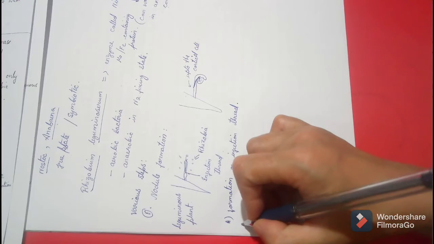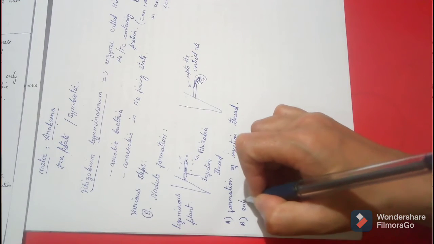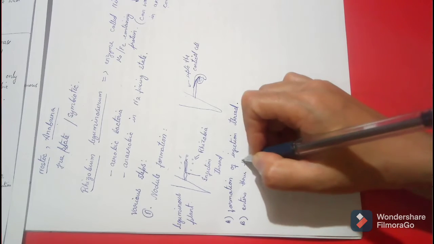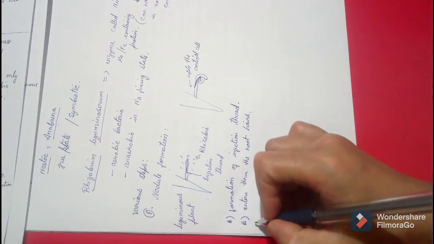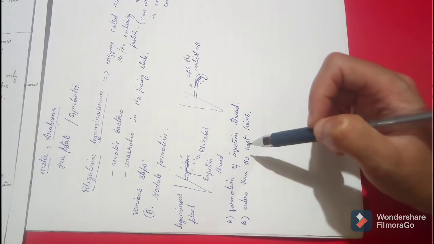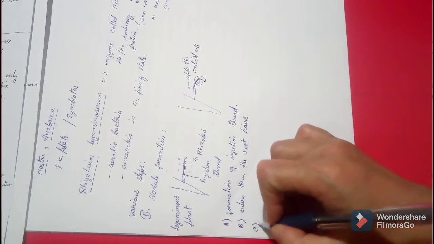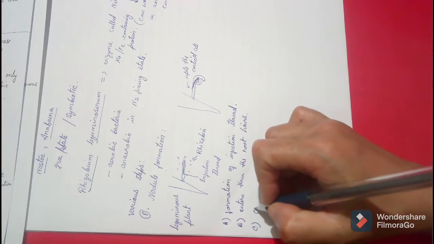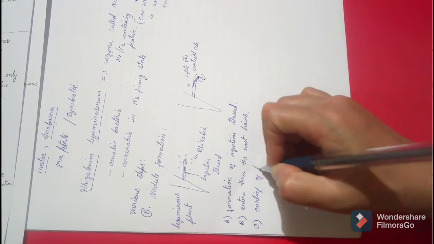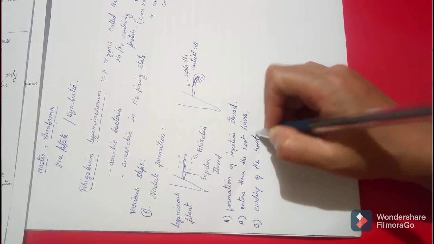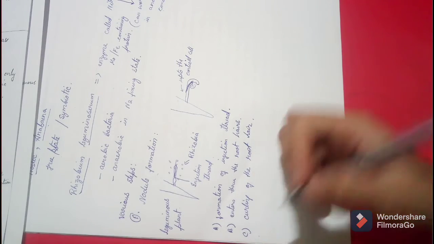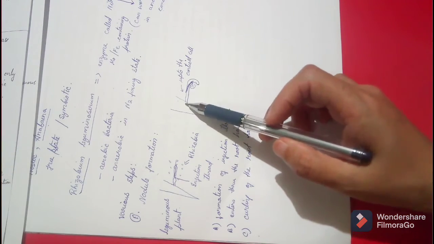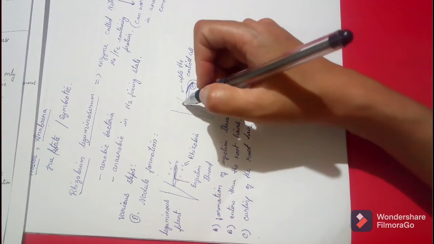Then these bacteria will enter the root through the root hairs. So the next thing is that after they have entered through the root hairs, curling of the root hairs will take place, and the infection thread will then reach up to the cortex.